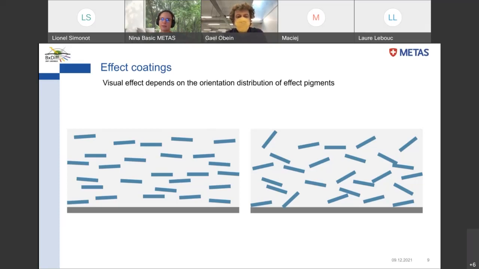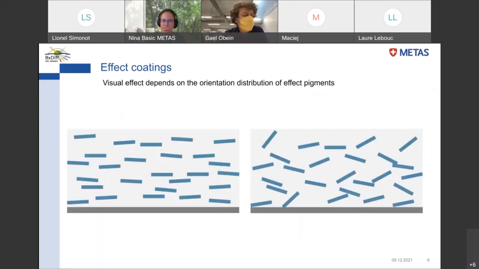And in the end, this is really what gives the real effect that we're looking for. So I'll talk about this in a minute. But of course, if we're looking at something like this, or something where the pigments are just randomly distributed, it's gonna have a really big effect on the appearance that we're getting from these effect coatings.